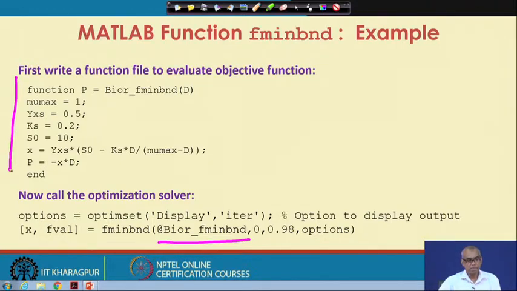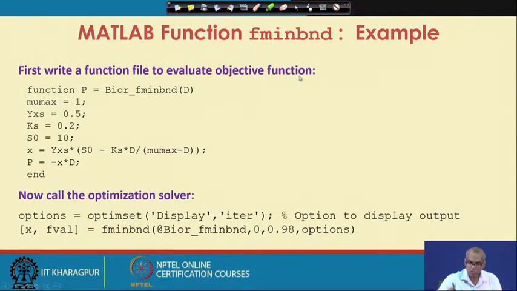I am maximizing it, but fminbnd will find the minimum of a function. So, that is why the objective function is taken as P equal to minus of the productivity. And then the lower bound and upper bound I am supplying as 0 and 0.98. We just have seen that 0.98 corresponds to the maximum dilution rate.